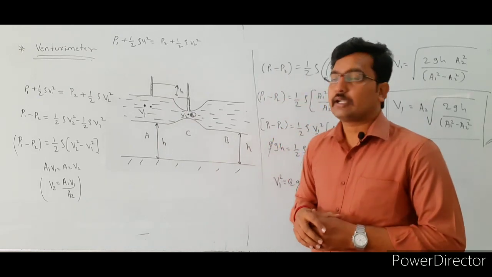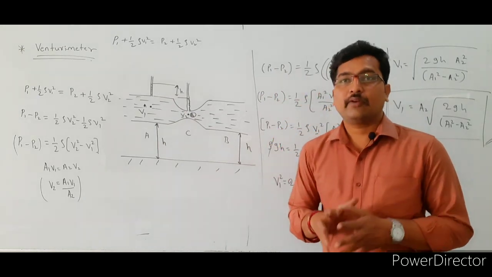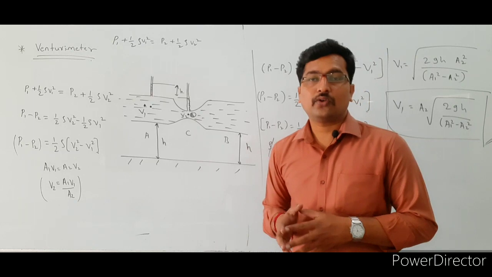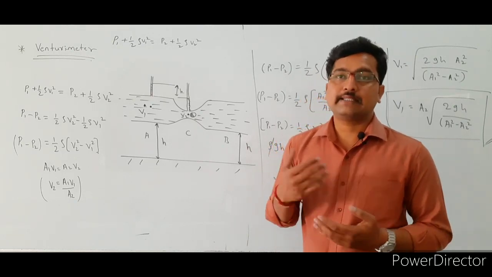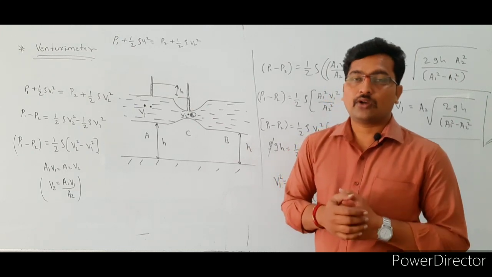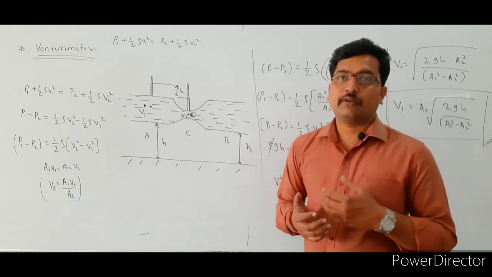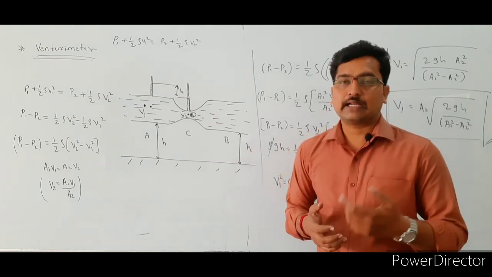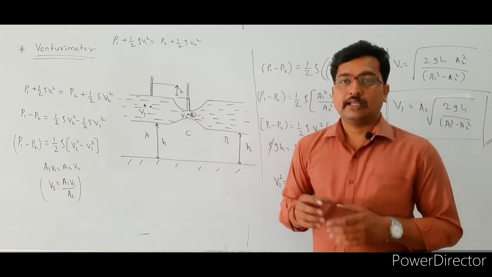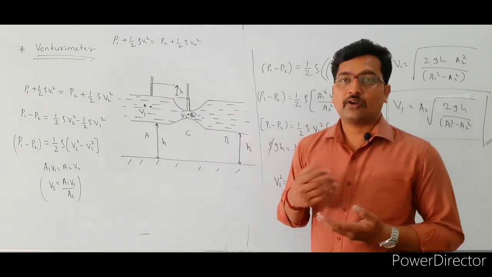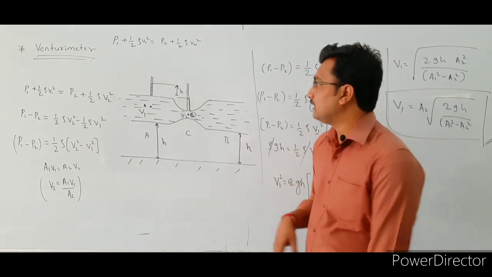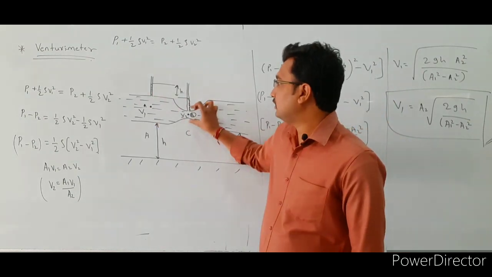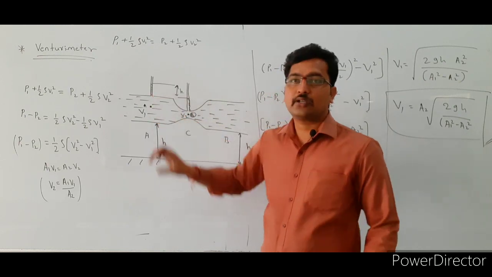See here, already we know the equation of continuity, that is AV is equal to constant, the area is inversely proportional to the velocity. If the area is more, the velocity of the liquid at that point is less. If the area is small, then the velocity or the speed of the liquid at that point is more, right? So in this case, compared to this tube C, the area of the first tube is more.